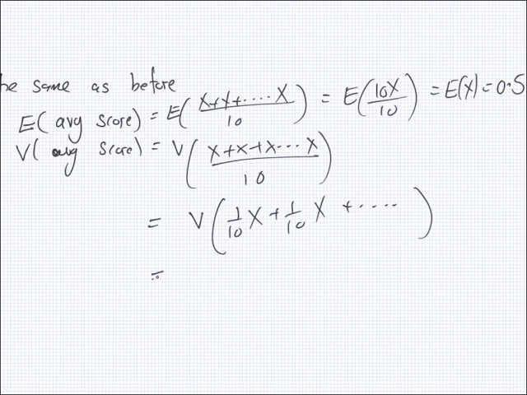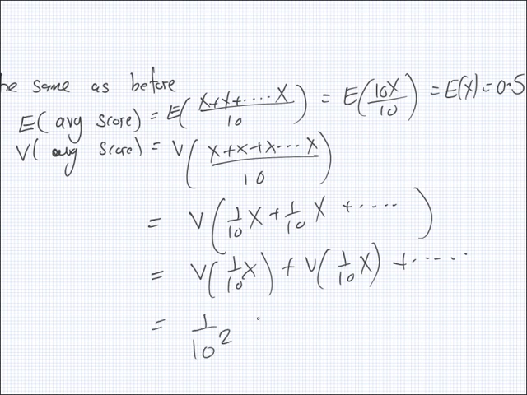Now remember, we have to be very careful because variance doesn't behave the same way as expectation. So we can at least change this into variance of 1/10 x plus variance of 1/10 x, etc. But what happens to the 1/10? It's squared. So this is 1/10 squared times variance of x plus 1/10 squared variance of x, 10 times.